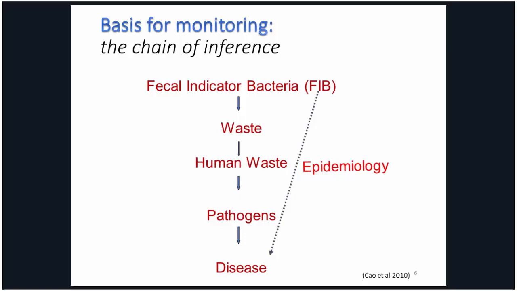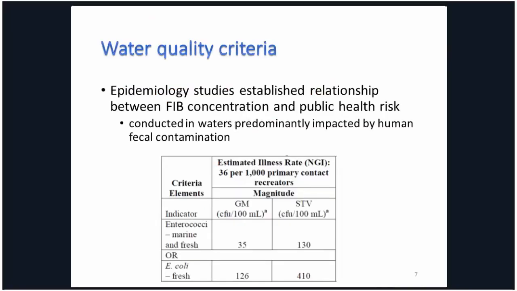From that, it's inferred that you may have human pathogen, and therefore may infect people and cause diseases. Epidemiology studies are used to connect the concentration of FIB with the illness rate in the recreators, and that's how the recreational water quality criteria get developed.